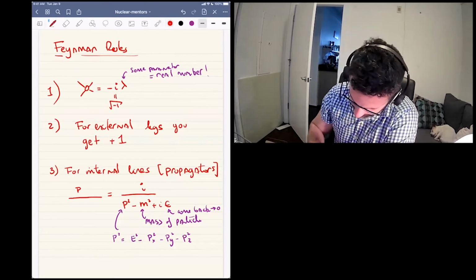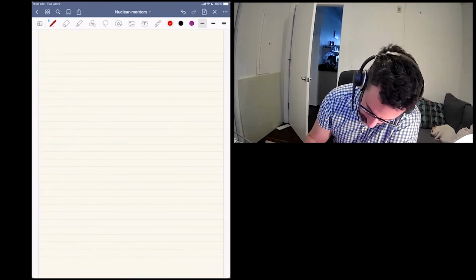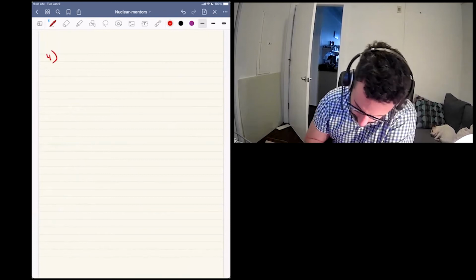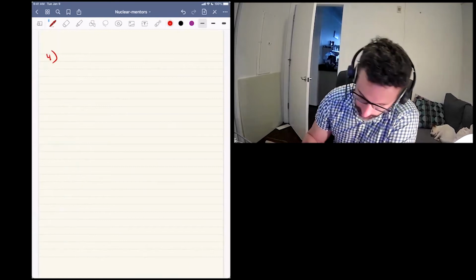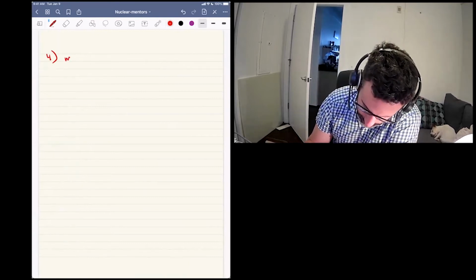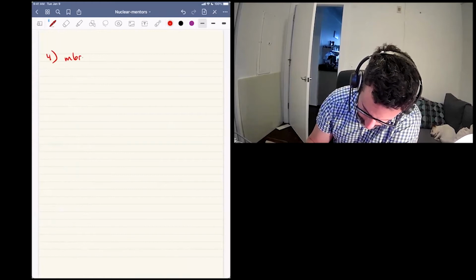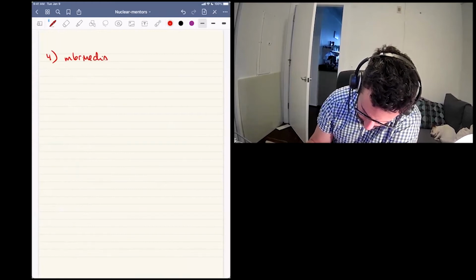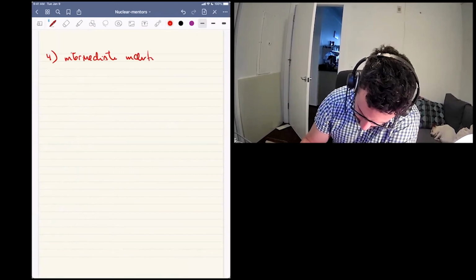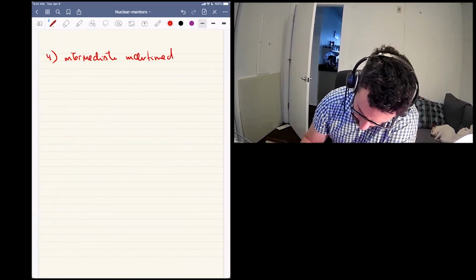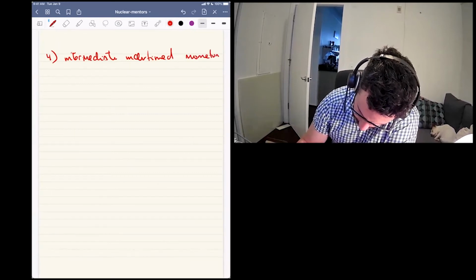Okay. And then the last thing, well, there are 2 more things. Rule 4 is, if you have intermediate undetermined momentum, then you need to integrate over it.